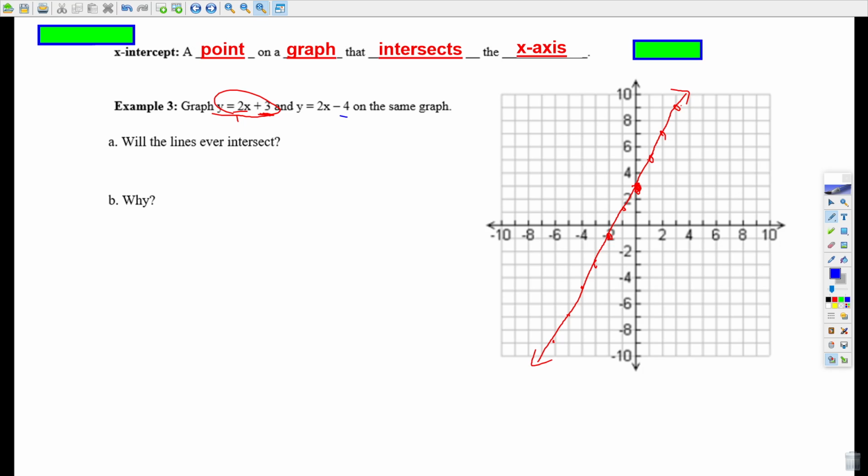So for the second one, we're going to start at -4 on the y-axis. Put a dot there. And the slope is up 2 over 1. Keep doing that. Up 2 over 1. There we go. And then down 2 over 1. And connect the dots.